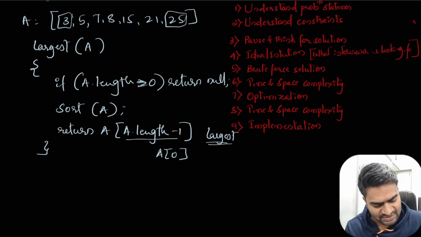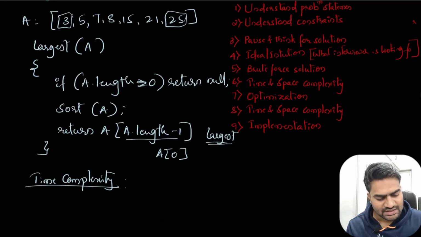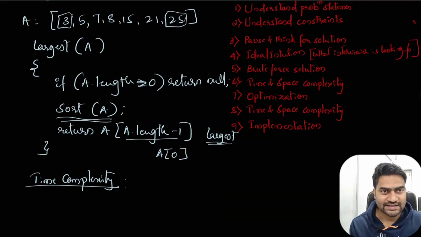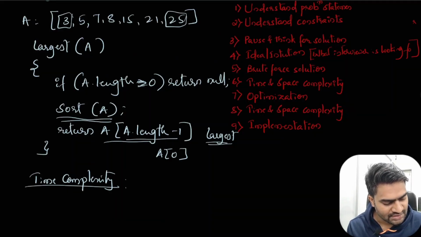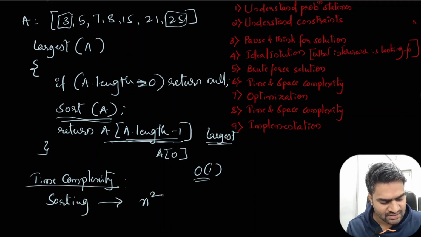Now, what is the time complexity for this? Since we are sorting the array, even though the other operation may be of order 1, sorting can take n square or n log n.